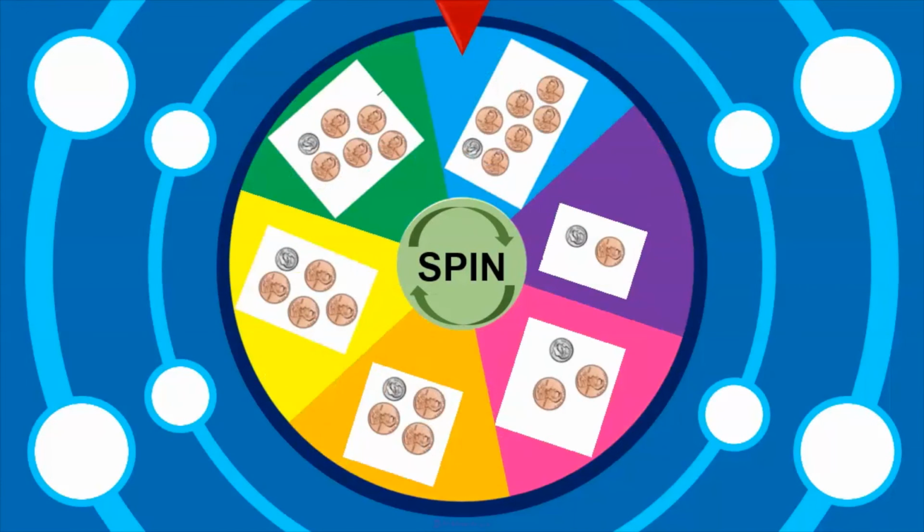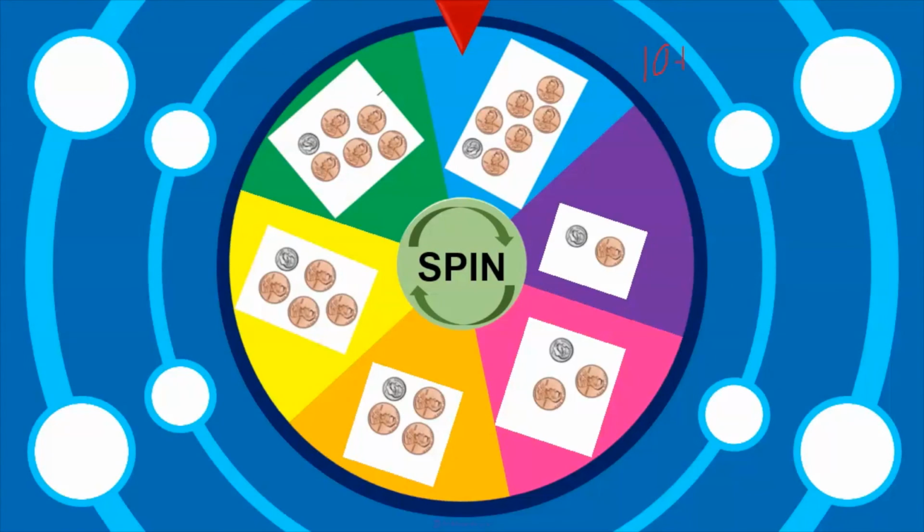We landed on the blue section. The blue section, you notice, has a dime and some pennies. So now we need to count to see how much we have altogether. We have 10 and some more because we know the dime is worth 10. So we can start with 10, and then we need to add on how many pennies we have. I see that we have 6 pennies.